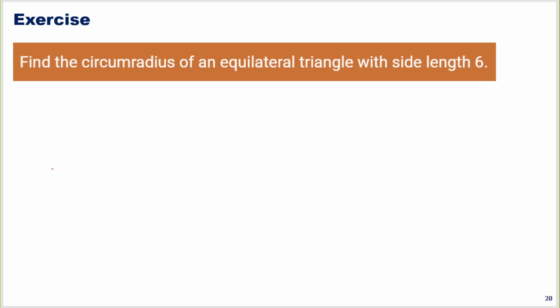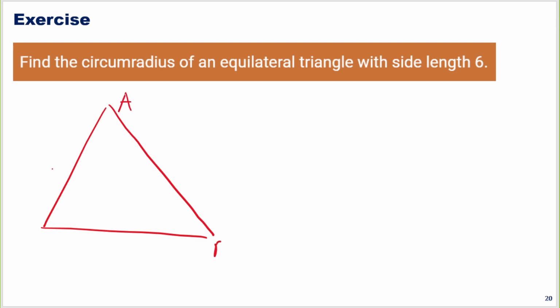Alright, let's have a look at the solution together. So if we have an equilateral triangle ABC, then we can draw a perpendicular bisector of the side BC and draw a perpendicular bisector of the side AC, right? Suppose they intersect at point O, then we can connect OC, right? Then in this right triangle and in this triangle, they share the same length here.